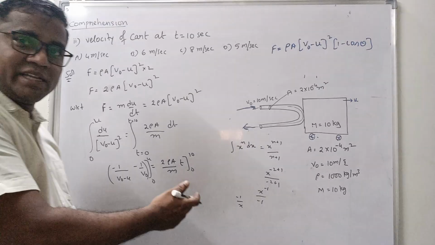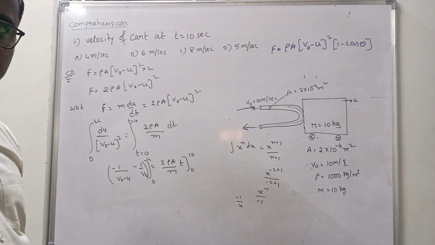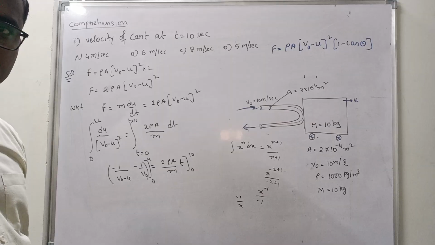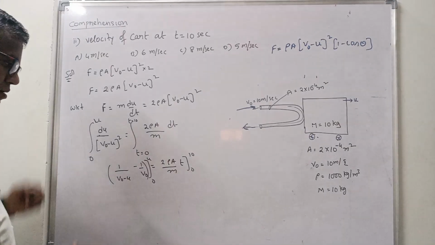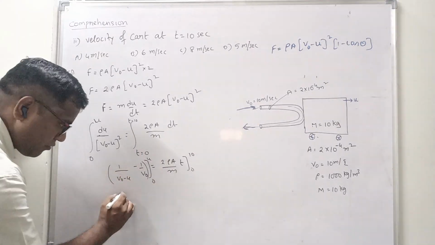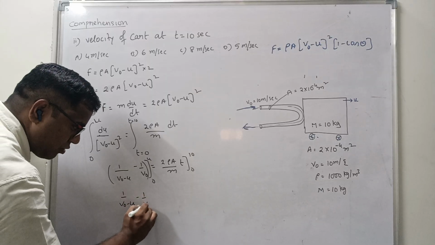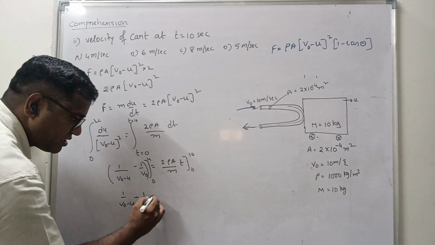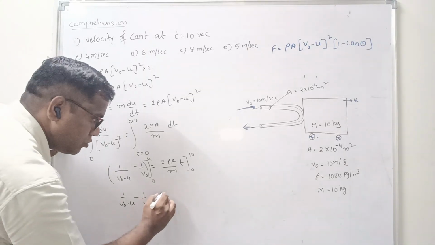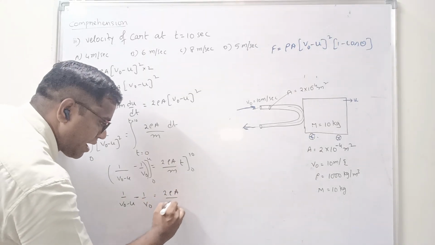So now I will erase here and write. See here, now we substitute: 1 by (V naught minus u) minus 1 by V naught is equal to 2 rho A by m into t.